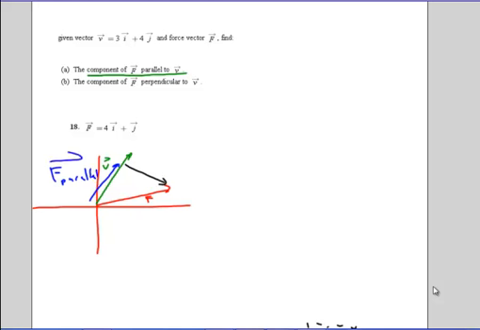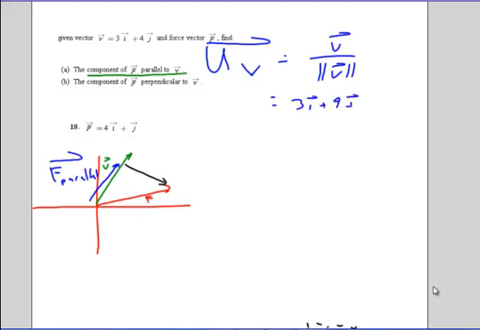Well, what we need to do is we need to express our velocity vector as a unit vector. So a unit vector in the v direction equals v over the magnitude of v, which is 3i plus 4j over 5, so 3/5 i plus 4/5 j.